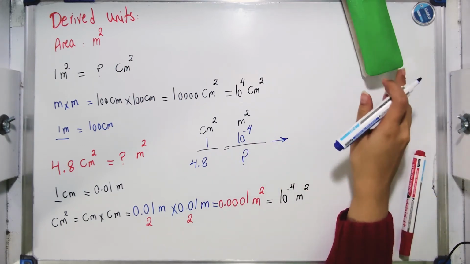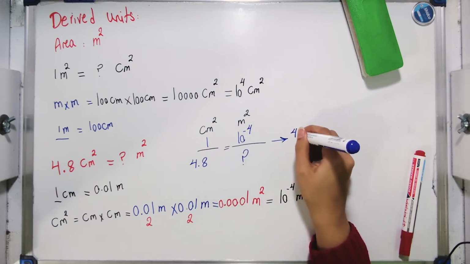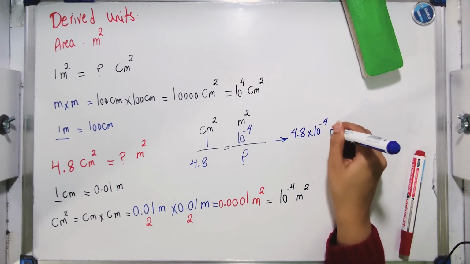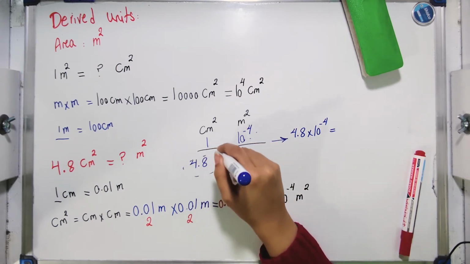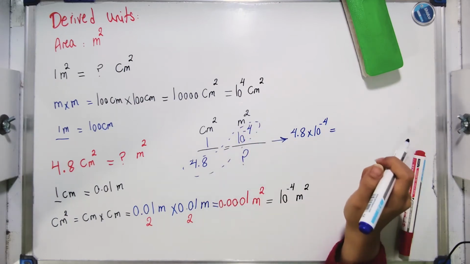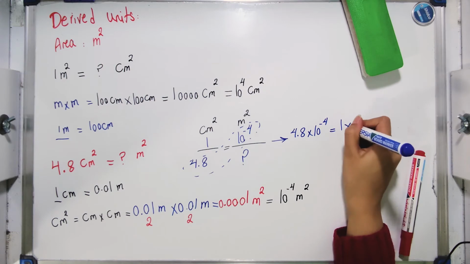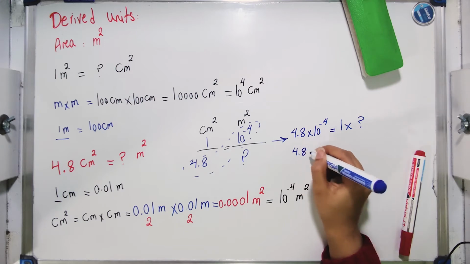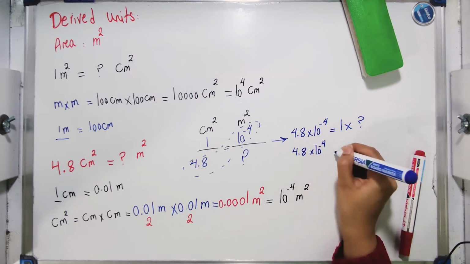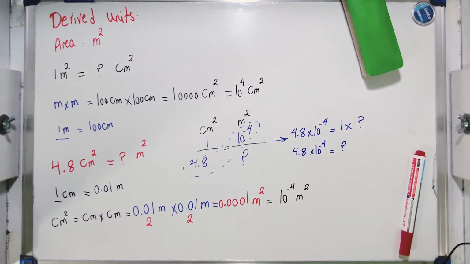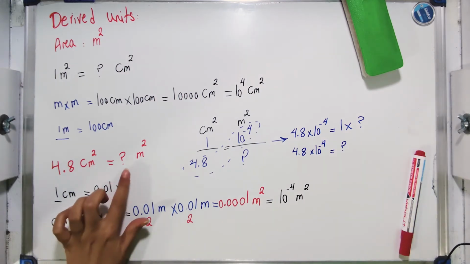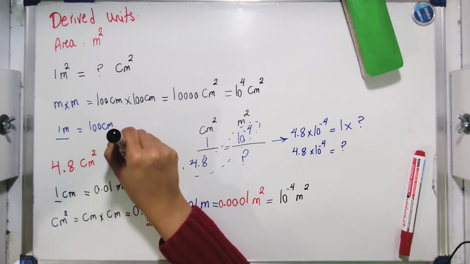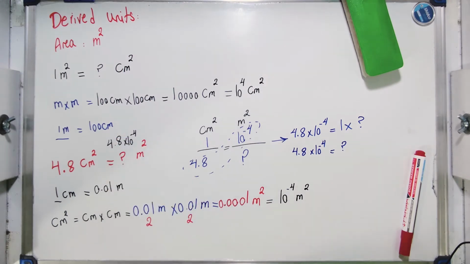So it's a cross multiplication, guys. 4.8 times 10 power minus 4, and 1 multiplied by question mark. So 4.8 times 10 power minus 4 is equal to question mark. So actually, the number that you're looking for here is 4.8 times 10 power minus 4.